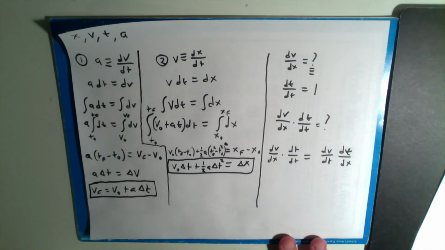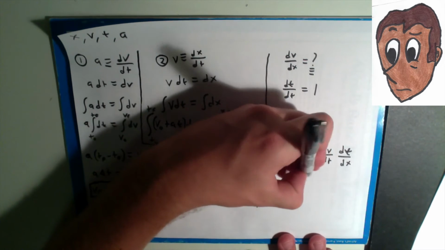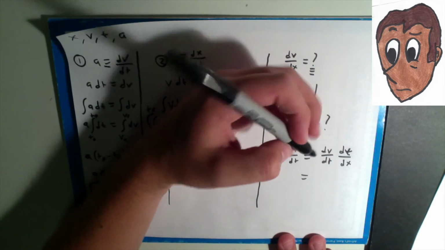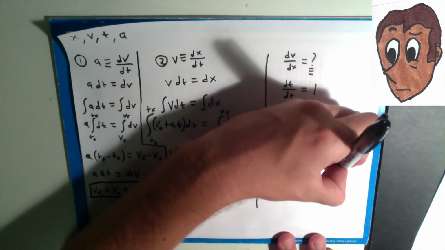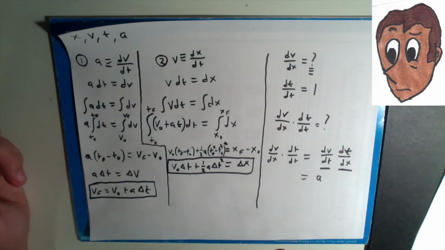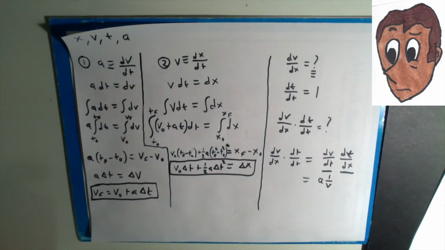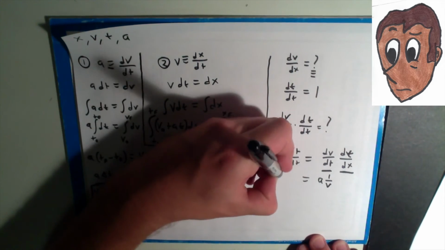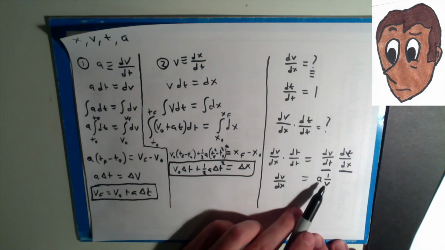And what does that do for us? Well, I know that dv/dt is actually acceleration a, and I know that I don't know what dt/dx is, but I do know what dx/dt is. dx/dt is velocity, so this is actually the inverse of velocity. And of course this is just a constant, so we say our change in velocity with respect to x is equal to the acceleration over the velocity.